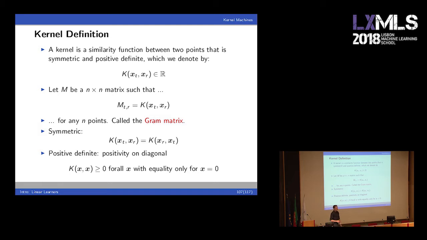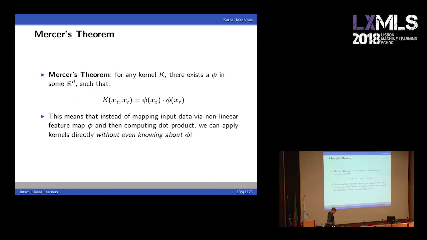So this is the central theorem. If you have a kernel, meaning a similarity function that is symmetric and positive definite, then you can show that for any kernel there exists a feature map such that the kernel is the dot product of this feature map.